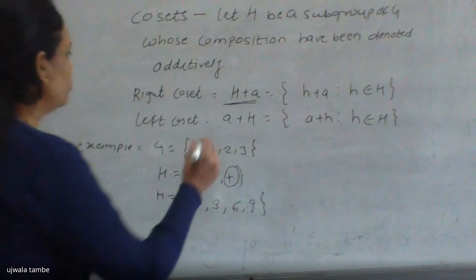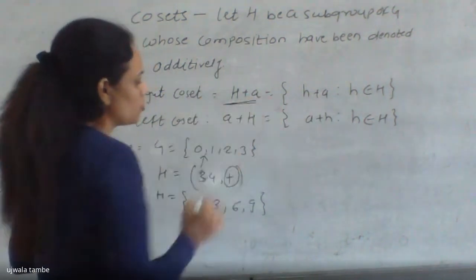Okay, so what we have to do is find out the right coset, that is H plus a.